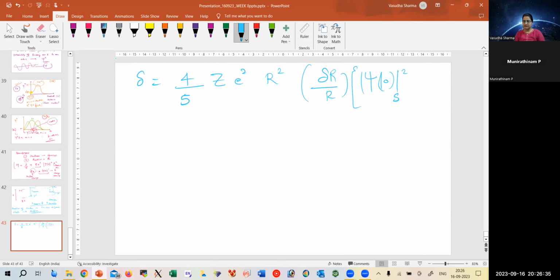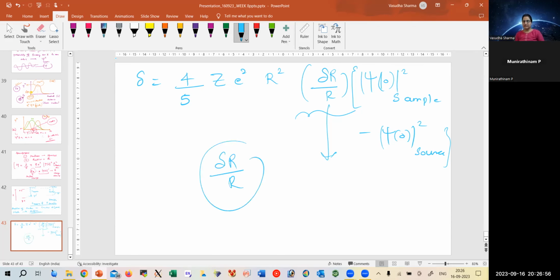This is sample and this is source. So this is an electron density, the probability of finding an electron density at the ground state. So this factor is important because delta r by r is the deviation in the radius. So what actually happens, delta r is the radius of the nucleus in the excited state minus the radius of the nuclei in the ground state.